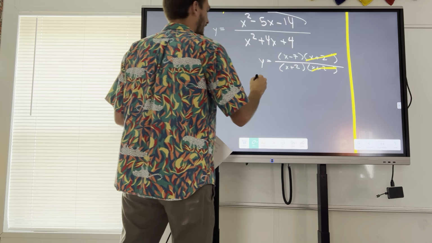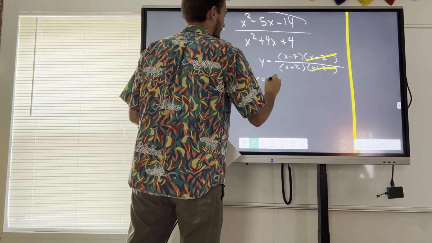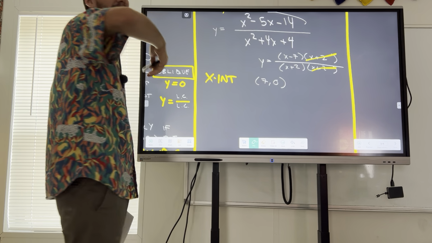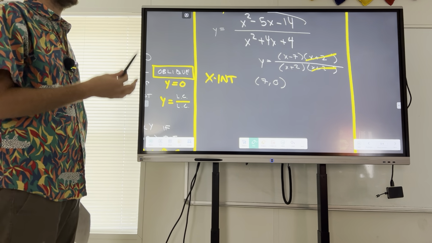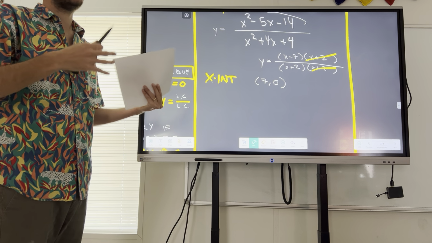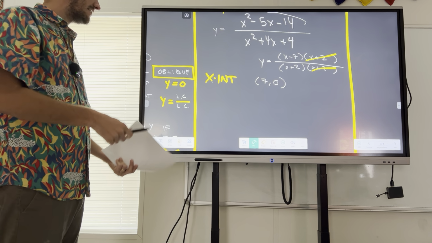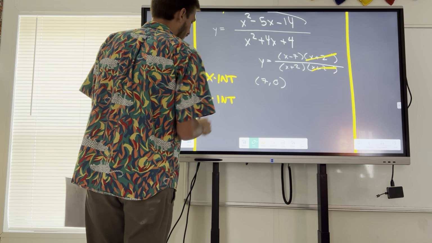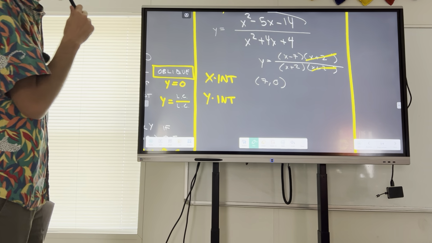Our x-intercept is going to be 7, 0, where the top is equal to 0, which is at 7. It's an intercept, so we don't really want to put x equals because that makes it look like a line. Okay. The y-intercept.